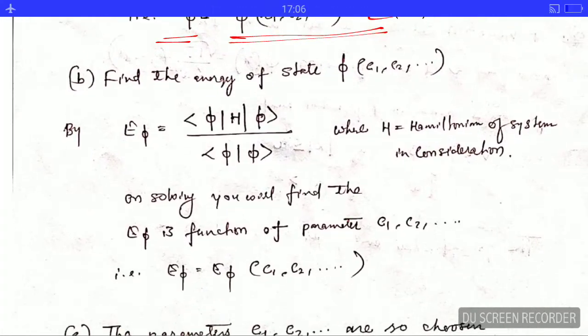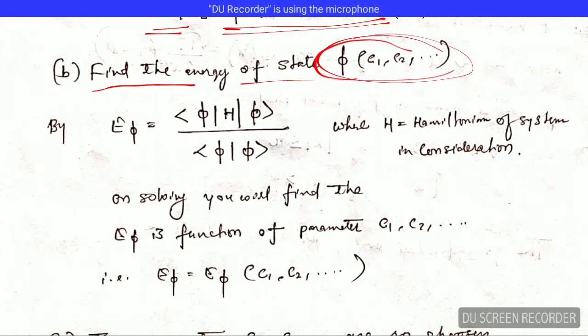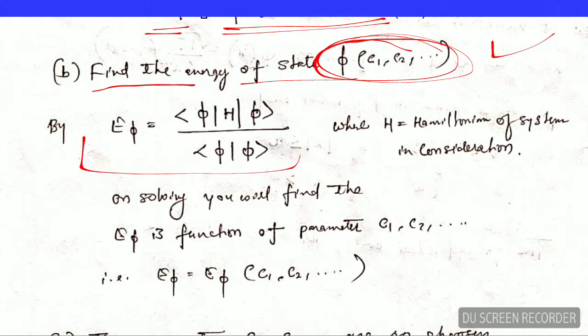Now comes part B. In part B, you have to find the energy of this state. The energy of this state phi is given by this in quantum mechanics. Here H is the Hamiltonian operator of the system under consideration.